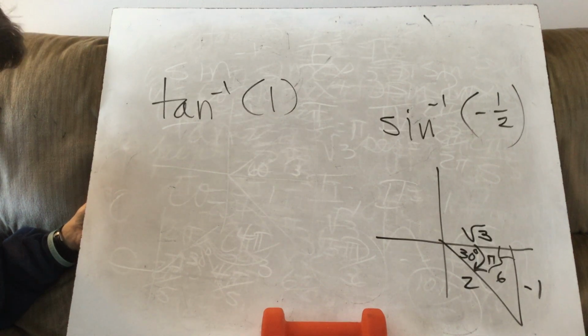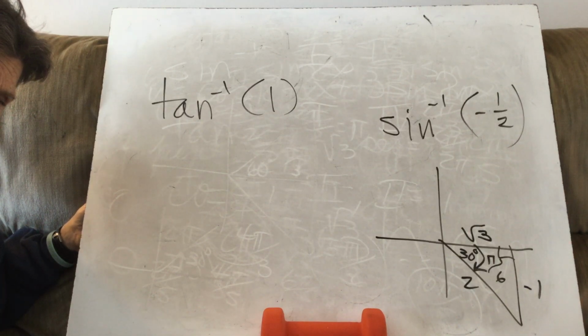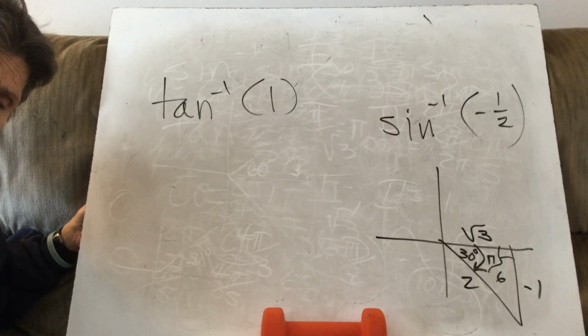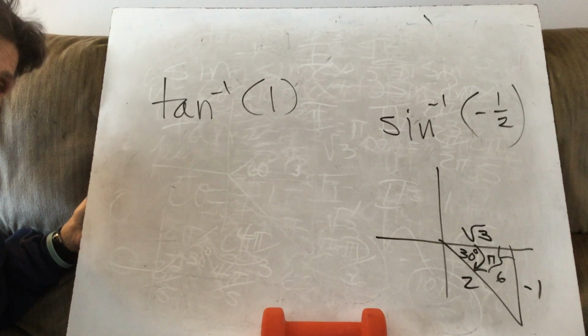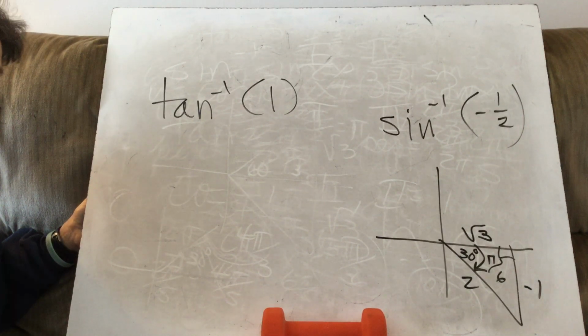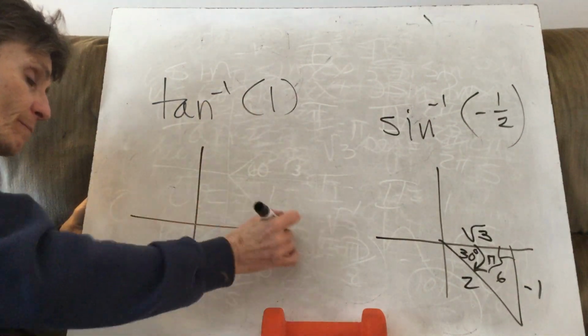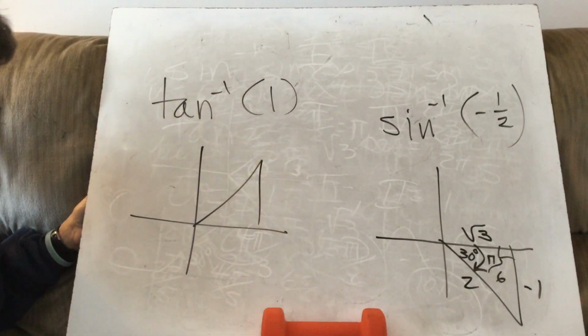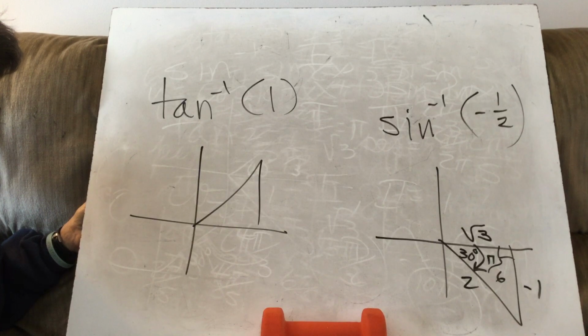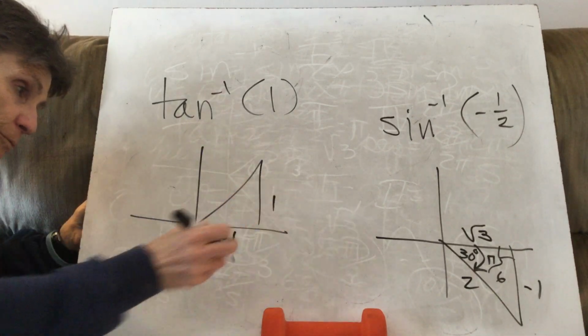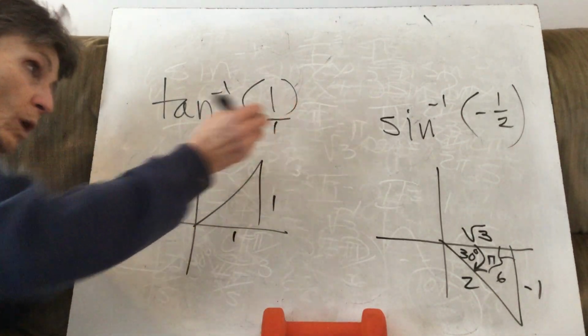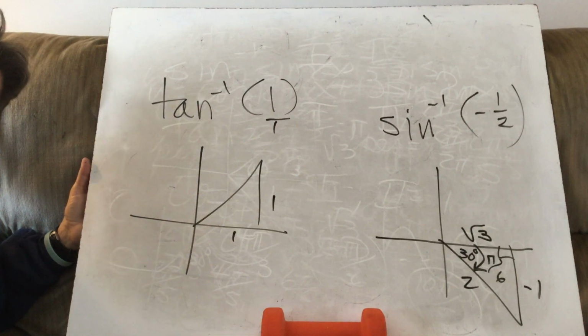All right, look at your pink sheet. Where did we put inverse tangent? Either in quadrant 1 or 4. Since that's a positive number, I guess I'll draw it in 1, because I need opposite over adjacent to be 1 over 1. Tangent is opposite over adjacent.